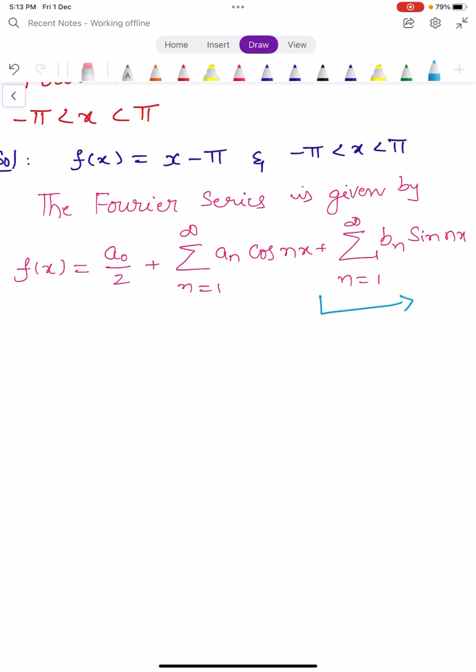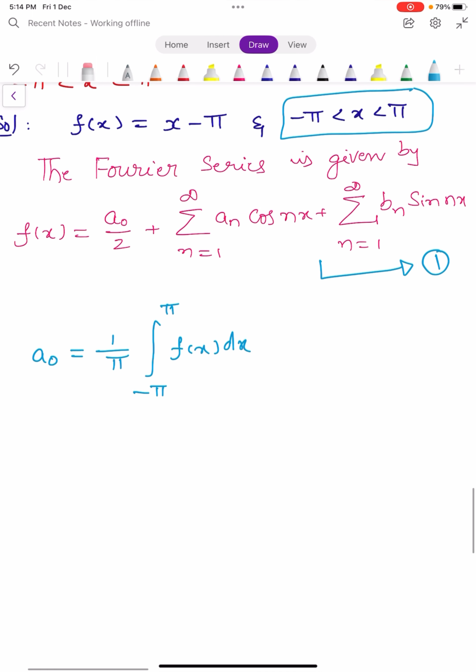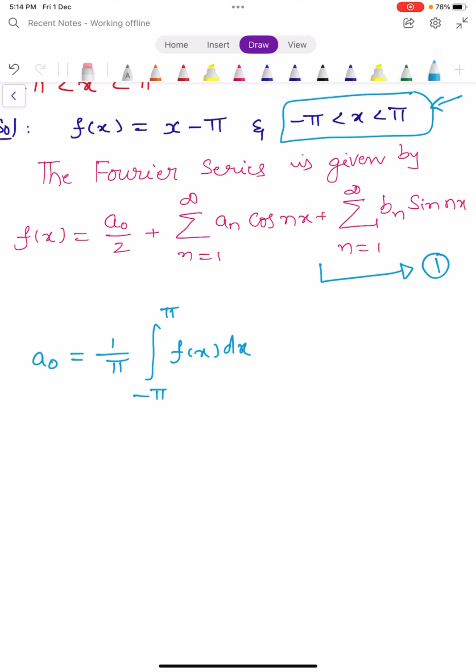Let it be equation number 1. Now we find them one by one. The very first one, a naught is equal to 1 by pi integral minus pi to pi f of x dx. Because the given interval is minus pi to pi, we use integral limits from minus pi to plus pi.